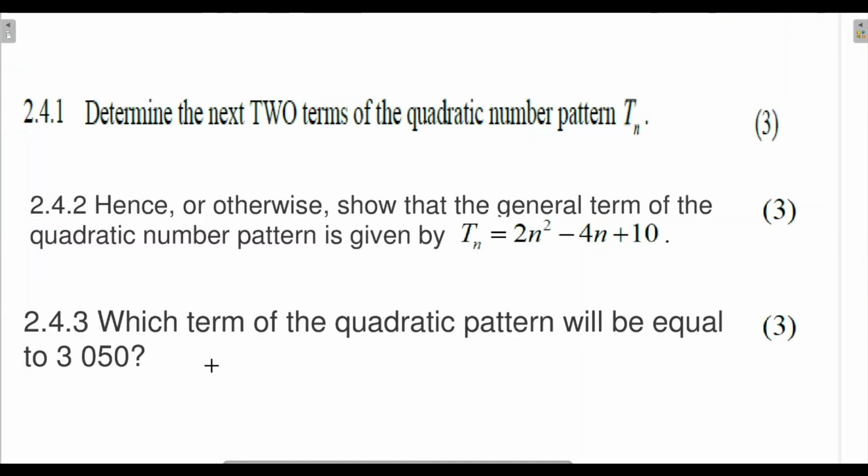Okay, and the last one. Which term of the quadratic pattern will be equal to 3050? So we're trying to find out which term will be equal to 3050. We are looking for n. This is our Tn. We are given what our Tn is, and we want to find n.